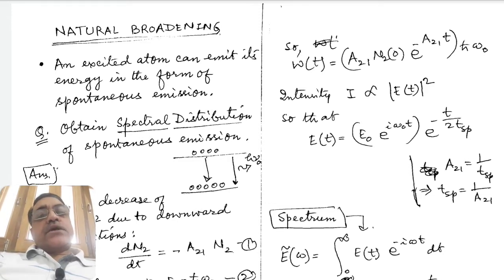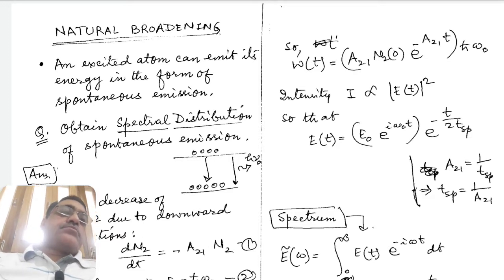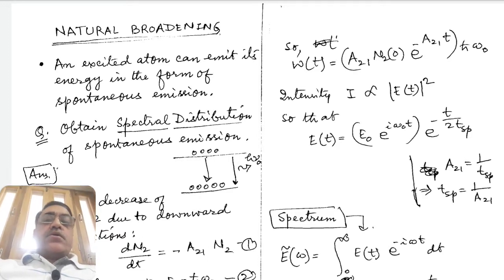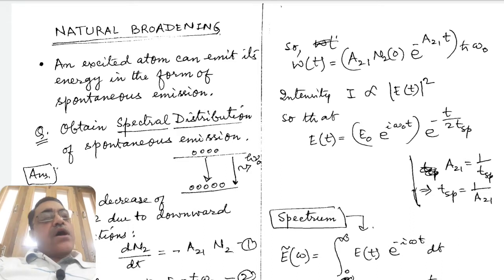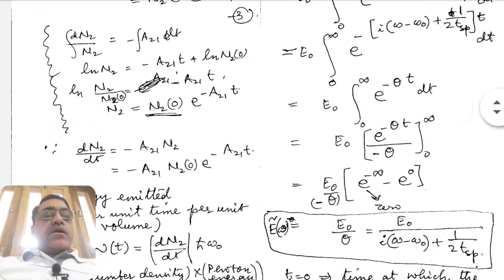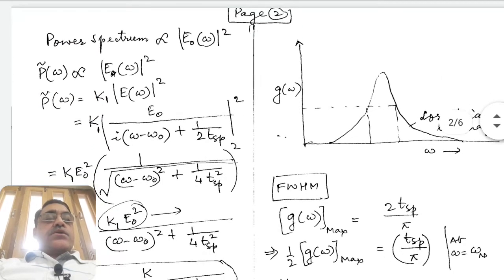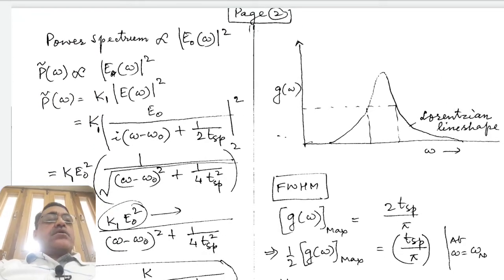During the last lecture, we studied natural broadening. We obtained the full width at half maximum and its line shape function, and then we discussed that the shape is Lorentzian in nature.